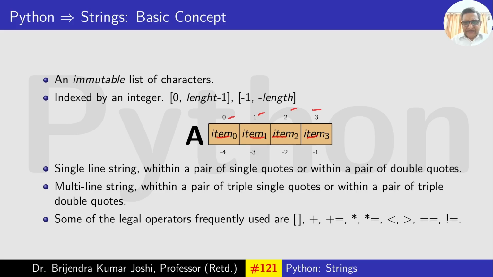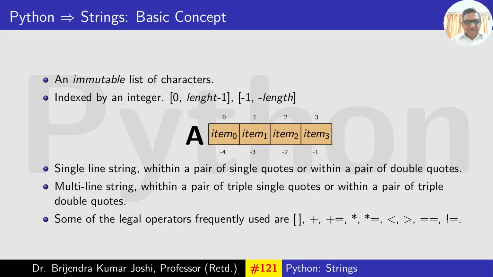But at the same time, minus 1 for the last character, that is the fourth one here, then minus 4 for the first character, minus 3 for the second, and minus 2 for the third. But if you go beyond these two ranges, it will be an error.